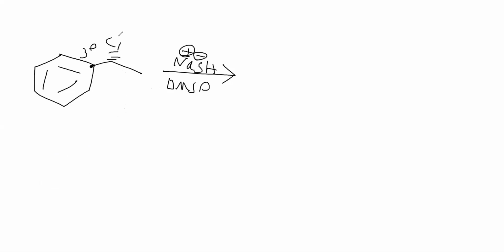So this is a secondary substrate that could go either way, but the nucleophile is negative and it's a strong base, so it's a strong nucleophile. And then DMSO is what kind of solvent?